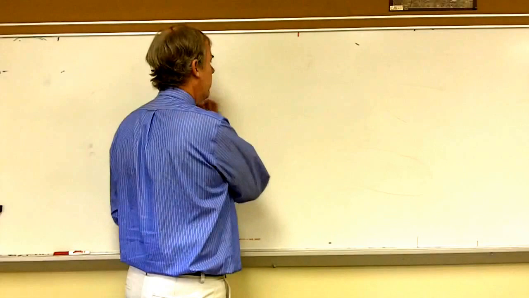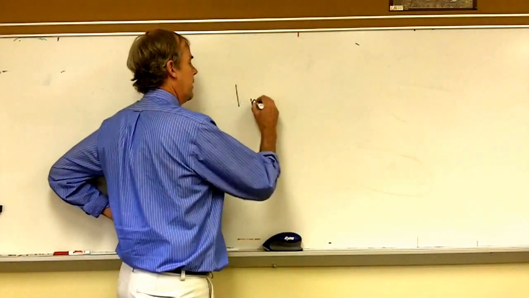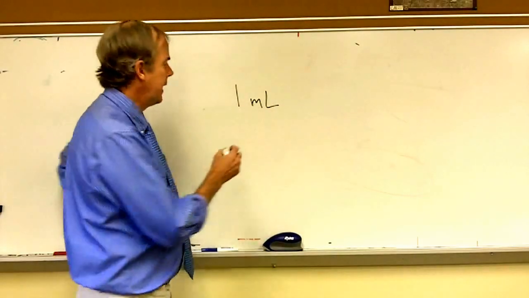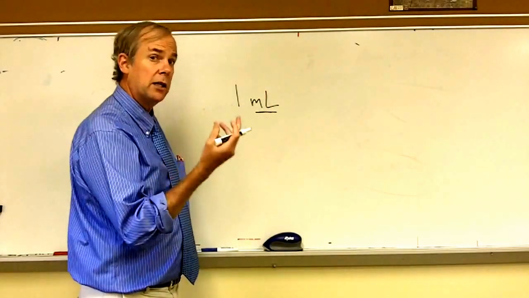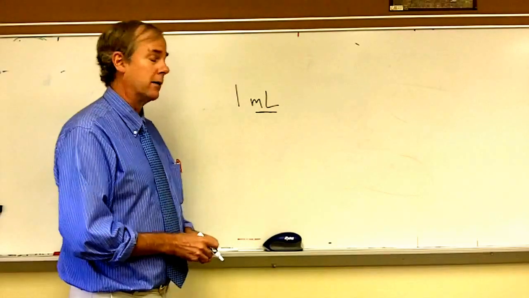Well, you need to know one other important fact for that conversion, and that is that 1,000th of a liter, 1 milliliter, and this is a fluid volume. This is a one-dimensional unit. It is not cubed. There's no such thing as a cubic gallon, a cubic liter, a cubic milliliter.